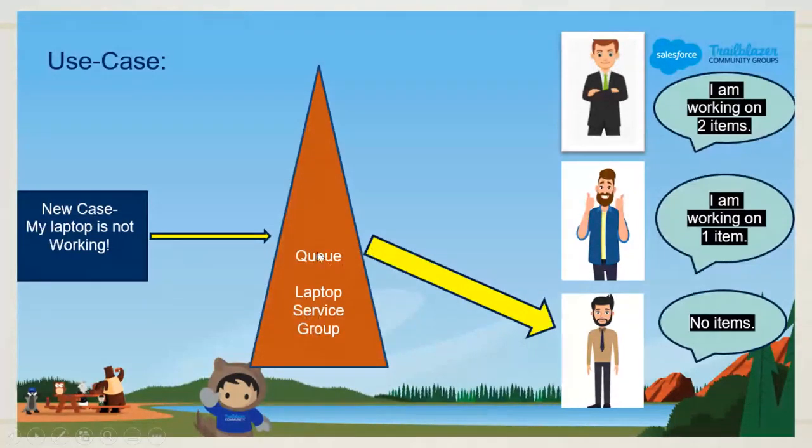And what will this queue do? The first agent says that I am working on 2 items. The second agent says that I am working on 1 item. And the third agent says that I have no items. So what will this queue do? It will basically transfer the new case to the agent that has zero or the least number of cases open.